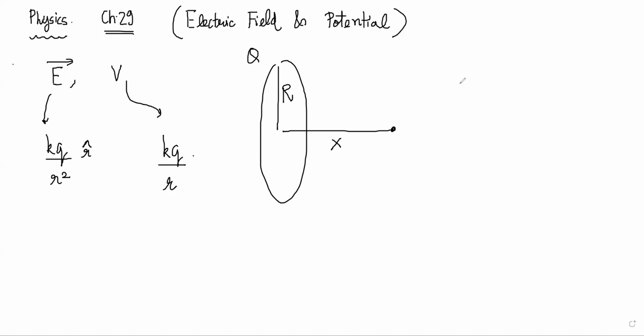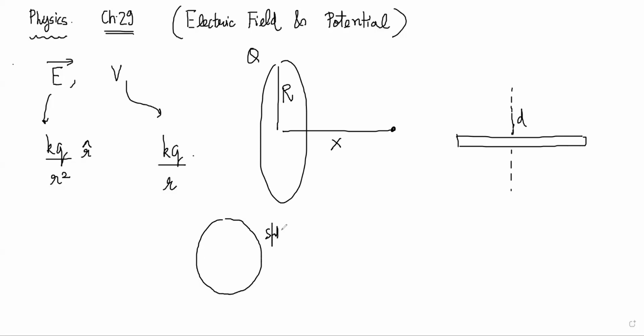Then a disk, then a line charge, then a line charge on the perpendicular bisector, right? Then you have the spherical shell and solid sphere situations.